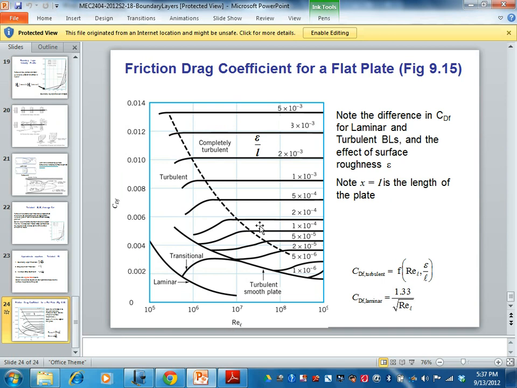But normally for this unit you don't really look up this graph. We'll look up a similar graph for pipe flow. For pipe flow, you definitely need to consider Reynolds number and surface roughness when calculating the pressure losses, the drag on the pipe flow. But that we'll do next week.